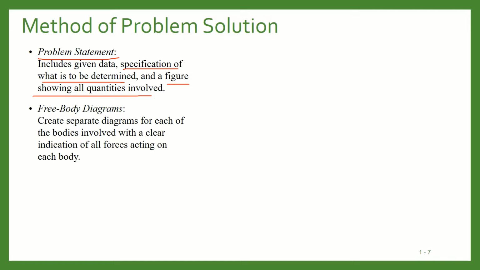Then the second most important thing in mechanics is to make free body diagrams. Generally, whenever you are solving a problem in mechanics, it involves different bodies. So in a free body diagram, you have to create separate diagrams for each of the bodies involved.